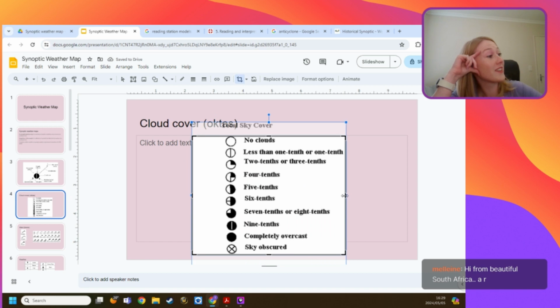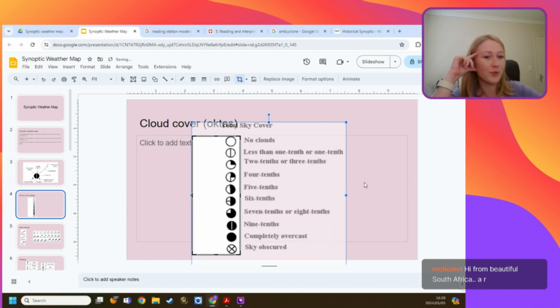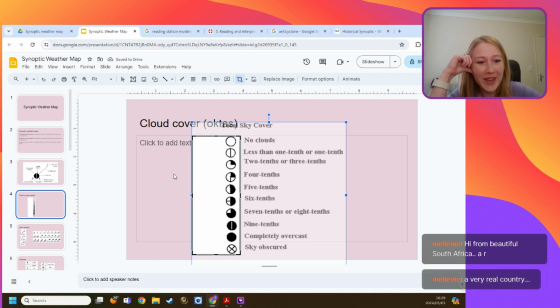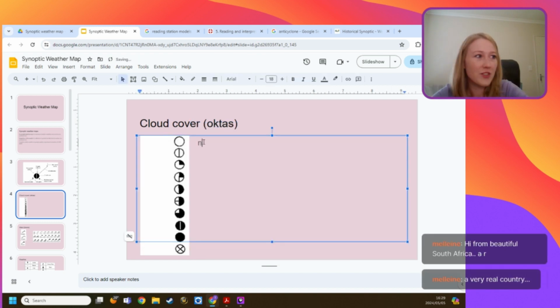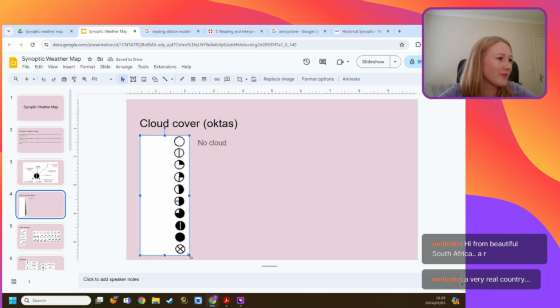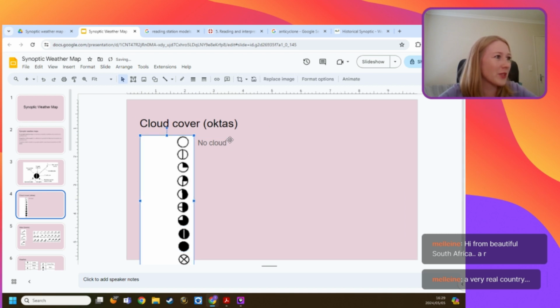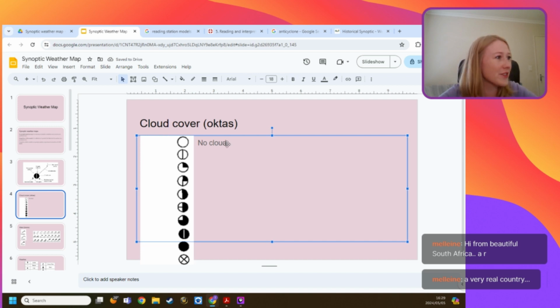Being difficult today. Hello, welcome back. Oh, no cloud. There we go. We can always manipulate the diagram if we have to.